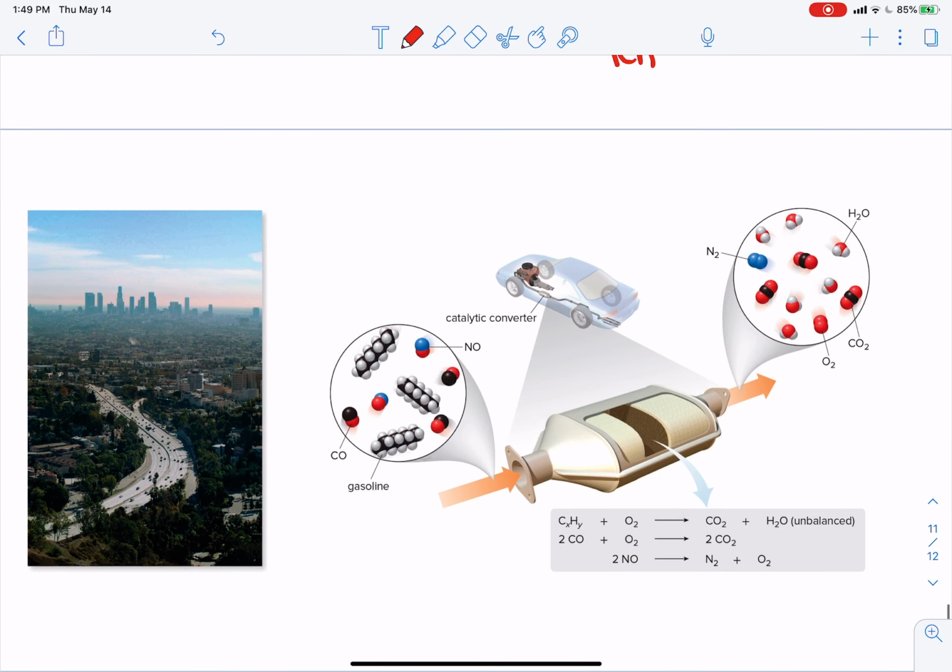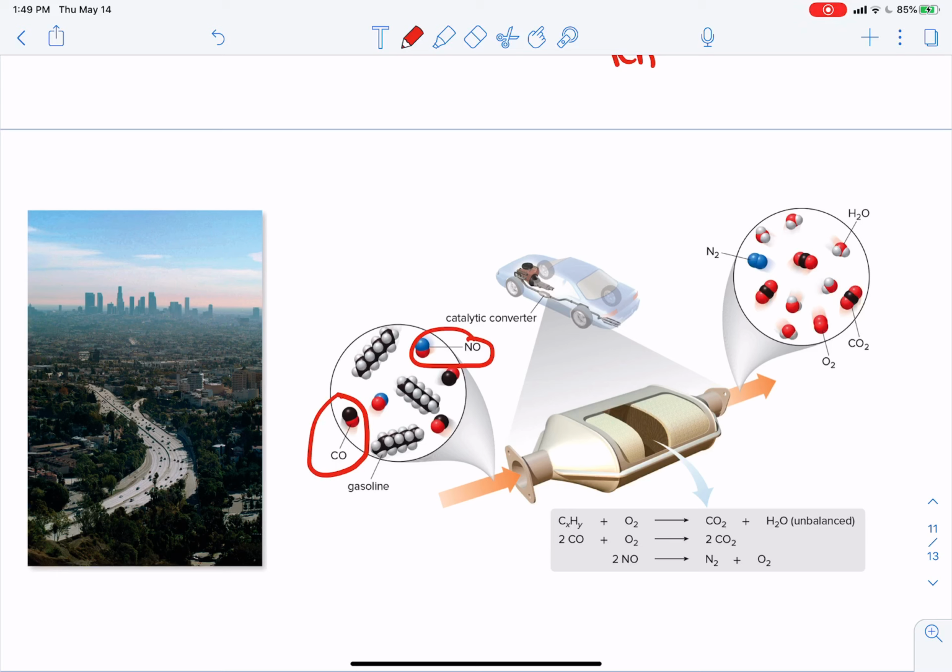One catalyst that we use in real life is a catalytic converter. What this does is it uses a metal just like the reaction before, platinum, palladium, or rhodium, and it turns some of the gases like carbon monoxide and nitrogen monoxide that are particularly toxic or damaging into other molecules that are less toxic or damaging.